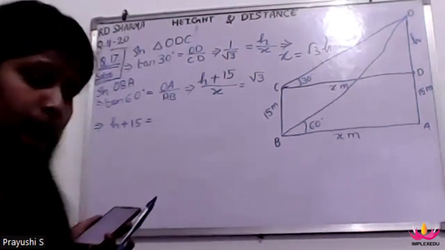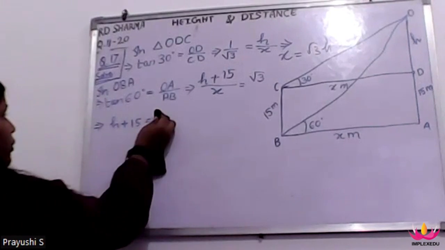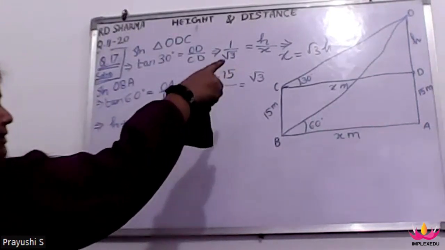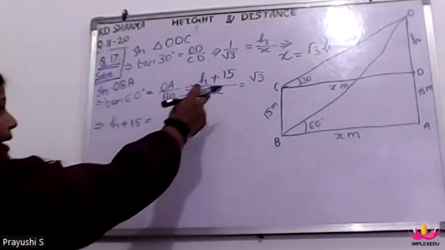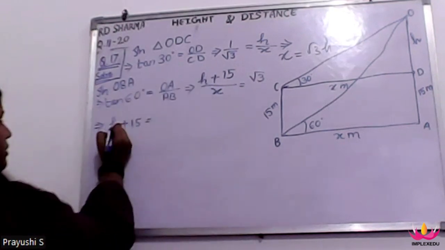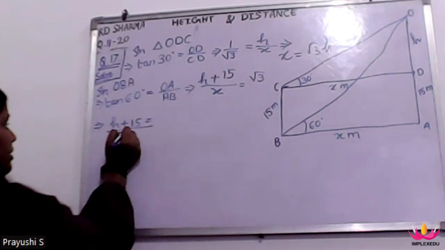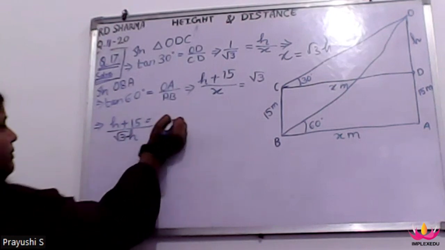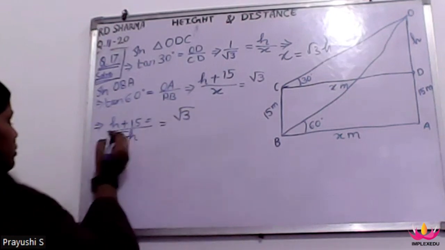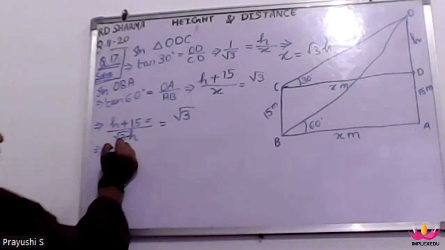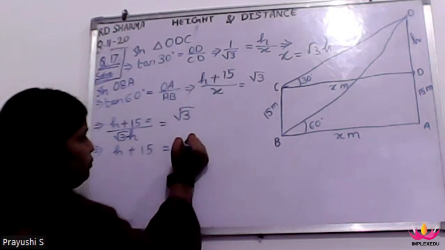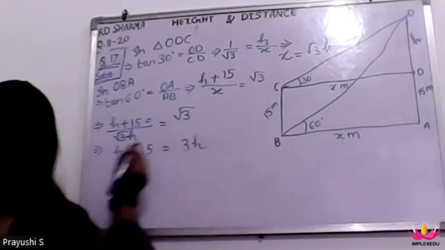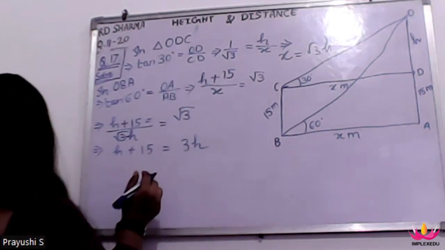Now we will put the value of x, which is root 3h, in this equation. So we will get x plus 15 is equal to 3h.